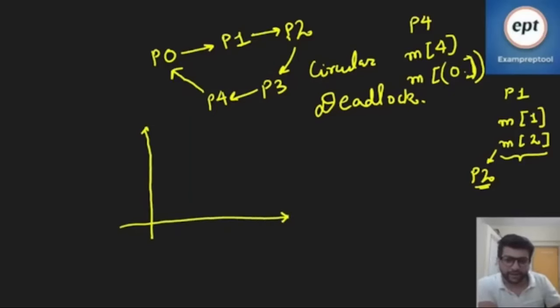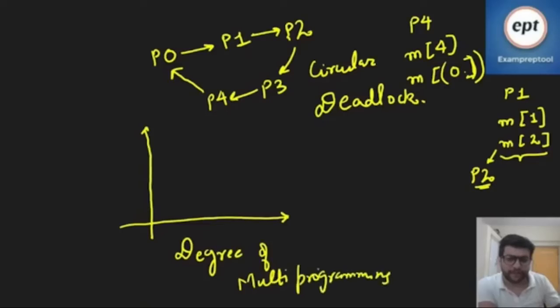Thrashing is a concept where, on the x-axis, we have the degree of multi-programming, and on the y-axis we have CPU utilization.